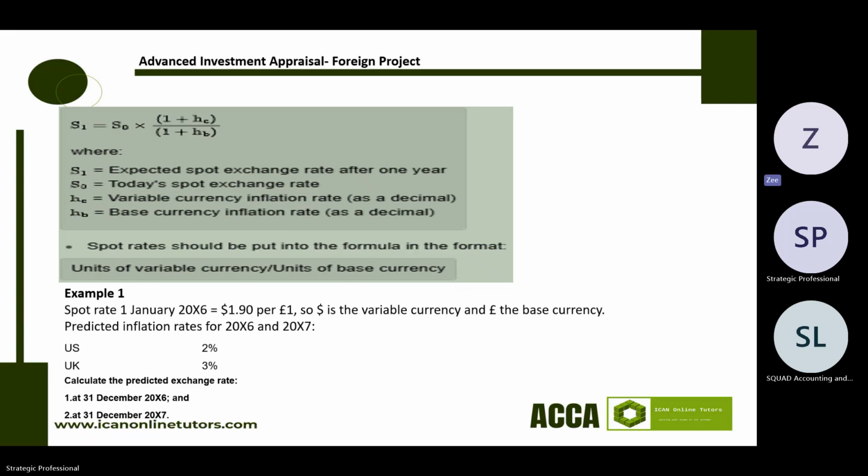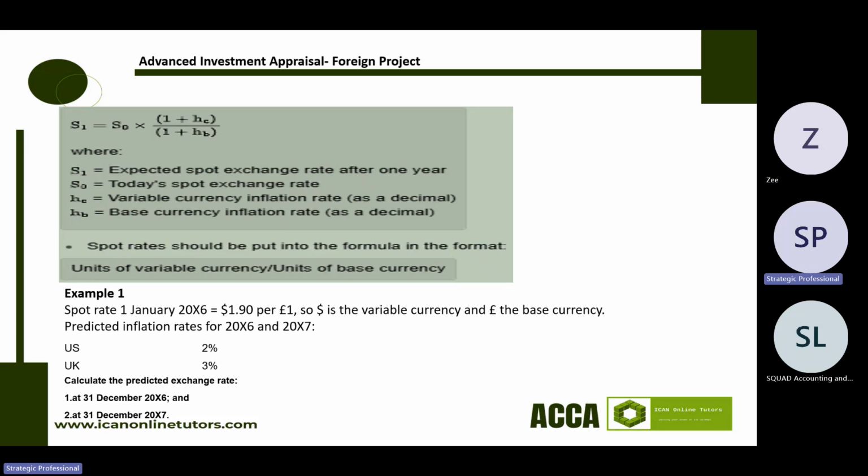To be clear, the base is the foreign country, right? When did I say the base is the foreign country? I'm asking, is the variable the foreign? Yes. Okay, the base should be pounds, yeah. Thank you very much. Yes, the base is pounds.